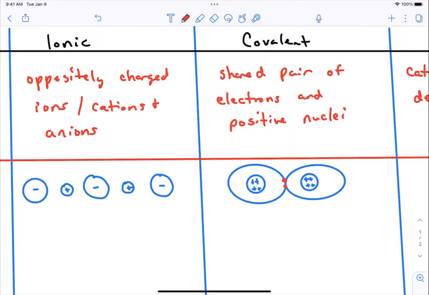That's what you want to imagine is happening here. And so that attraction toward those negative electrons is what's creating a covalent bond here.